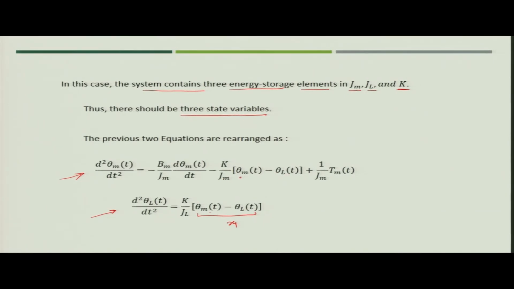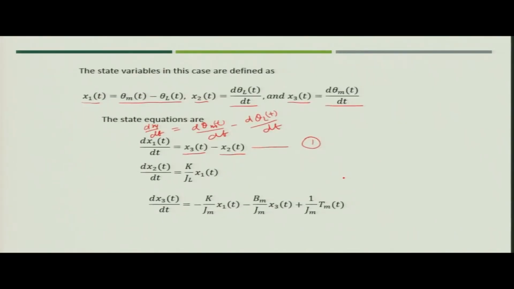So, this will become again x1, and finally, we write 1 upon jm Tm. So, what we have got? Minus k by jm x1 minus bm by jm x3 plus 1 upon jm Tm. So, we got the third one. This is your second equation.